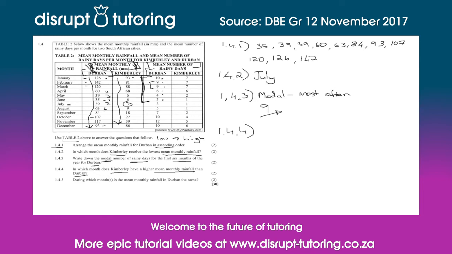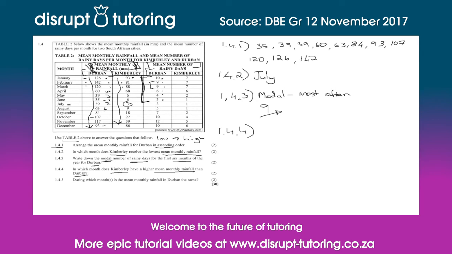So in other words, when is Kimberley higher than Durban's rainfall in millimeters? So we can see in January, Durban's higher than Kimberley, so it's not in January. February, Durban's still higher than Kimberley. You can see it's 142 versus 81. March, again, 120 is higher than the 88.